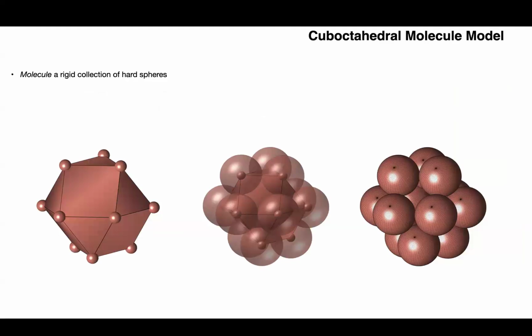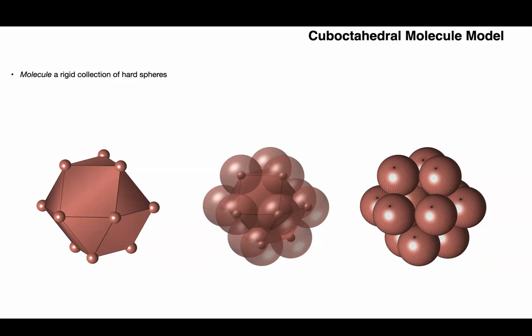So this is our model molecule. For us, a molecule is a rigid collection of hard spheres, like the one on the right. This is an abstract thing. I haven't actually found anything that looks even closely similar to this.